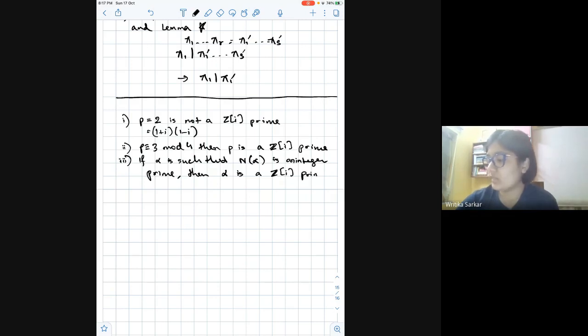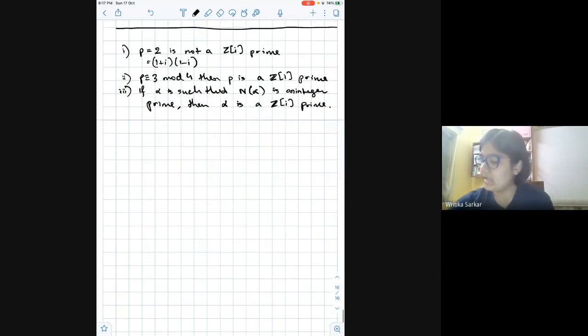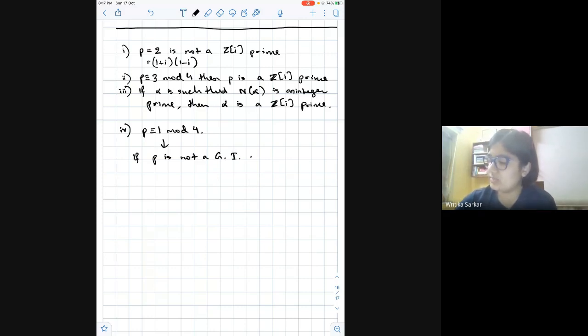Okay. Cool. Now, we are left with analyzing integer primes of the form 1 modulo 4. Okay. If we can show that p is not a Gaussian integer prime, then what do we get?